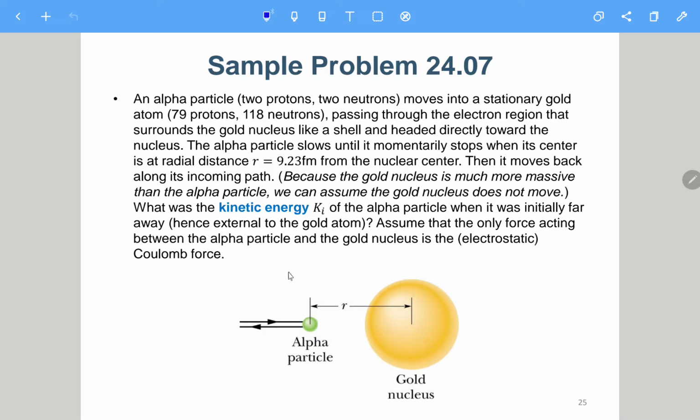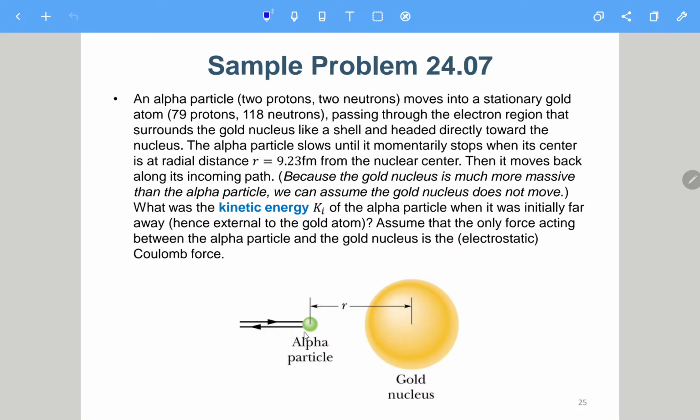We will know the final potential energy, as we know the closest point between the alpha particle and the gold nucleus. At this moment it momentarily stops, which means the kinetic energy at that moment is exactly zero.